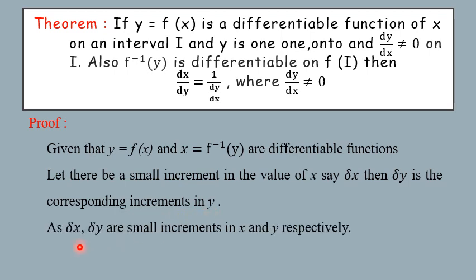So as delta x and delta y are small increments in x and y respectively, therefore delta x not equal to 0 and delta y is also not equal to 0. We have delta x upon delta y into delta y upon delta x is equal to 1.